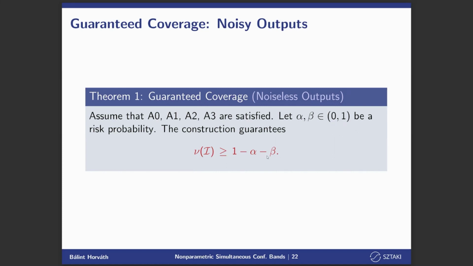Basically, we subtract both from one because we can use the union bound, and this inequality is basically taking a worst case scenario for the reliability.